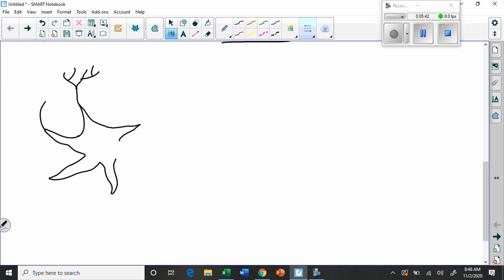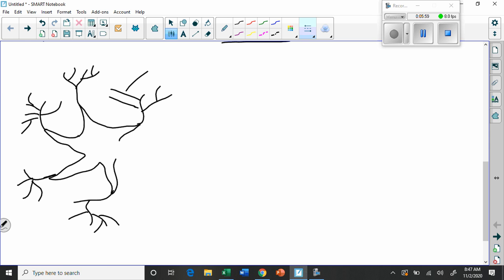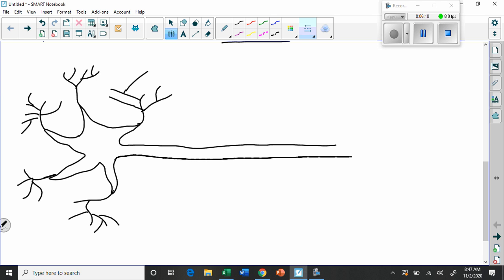So there are these branches that come out of the neuron. Something like that. There you go. And then you have these elongated sections that stretch quite a distance out like this. And then it begins to branch again.